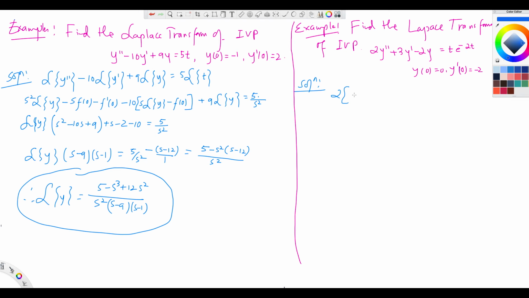So the Laplace transform of y double prime is s squared times the Laplace transform of y, minus s f of 0 and then minus f prime of 0. This is the Laplace transform of the first term, right? And then plus 3, what is the Laplace transform of y prime? It is basically s times the Laplace transform of y, right?